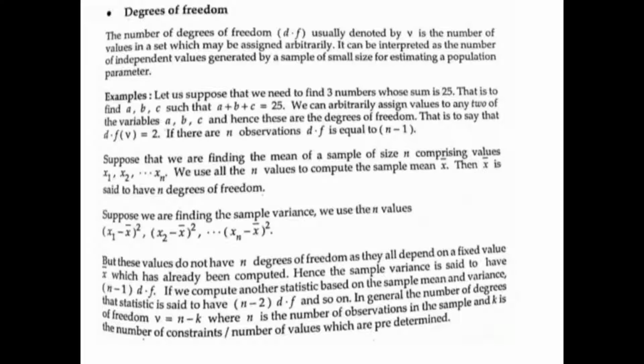The number of degrees of freedom, usually denoted by V, otherwise the Greek letter nu, is nothing but the number of values in a set which may be assigned arbitrarily. It can be interpreted as the number of independent values generated by a sample of small size for estimating a population parameter.